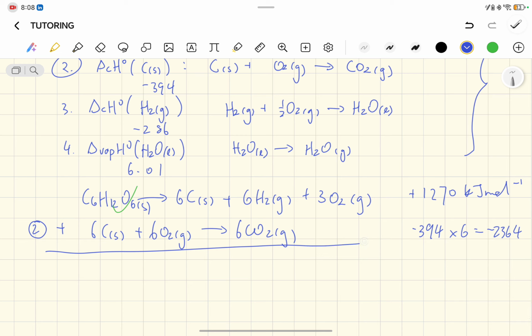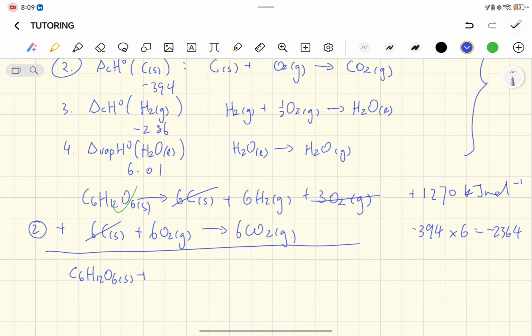So this equation comes down to the C's cancel out. We get C6H12O6 solid plus, let's see, 6O2.